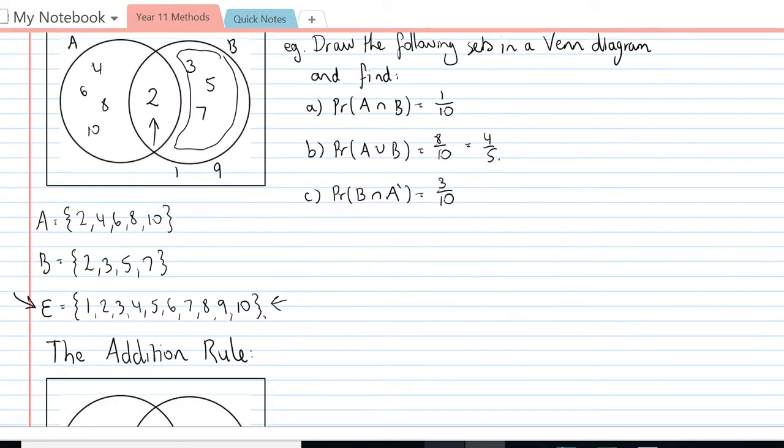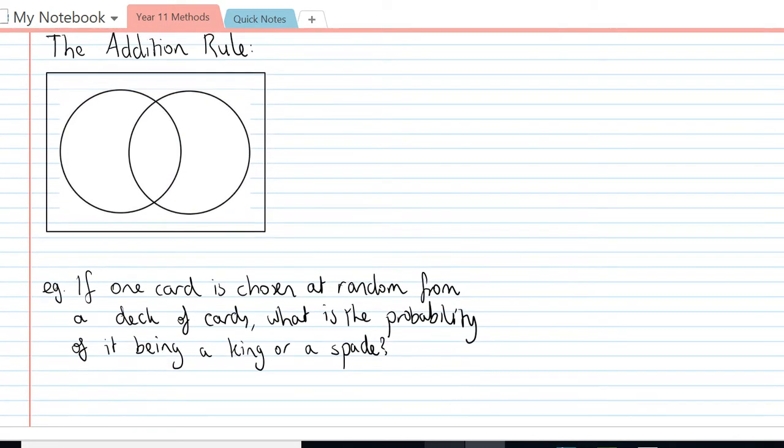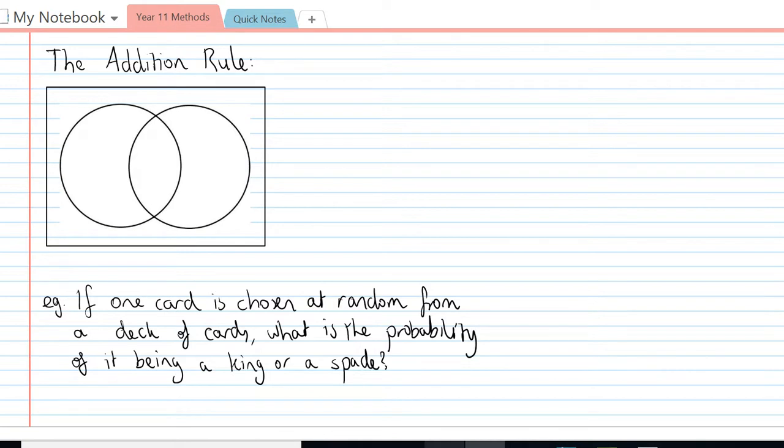If we continue on, we have the addition rule. This is a rule which I would say is quite important in both Year 11 and Year 12 methods. And it's all just based on a Venn diagram. So if we label this A and B, we can actually develop the rule for it here.